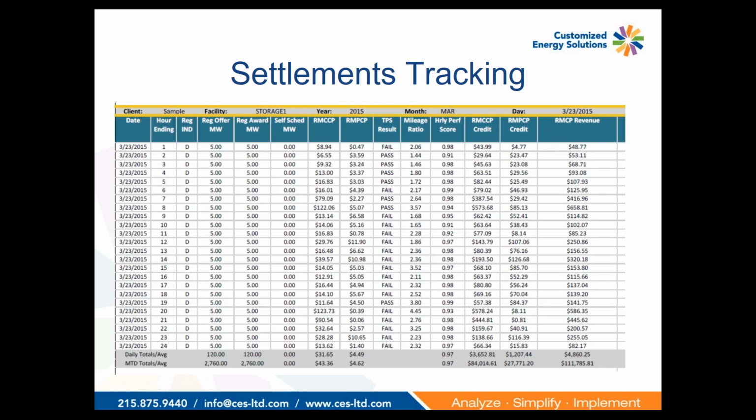So it is very important to resource owners to be setting up their own system or outsourcing to another party to build a system or using a third-party system that tracks the settlements so that you can estimate what you should be getting paid and then compare that to the ISO bills at the end of the month.